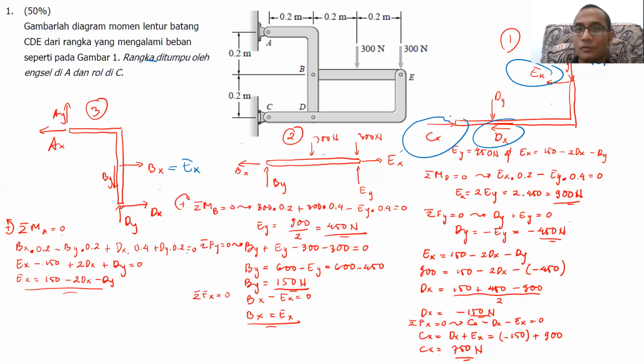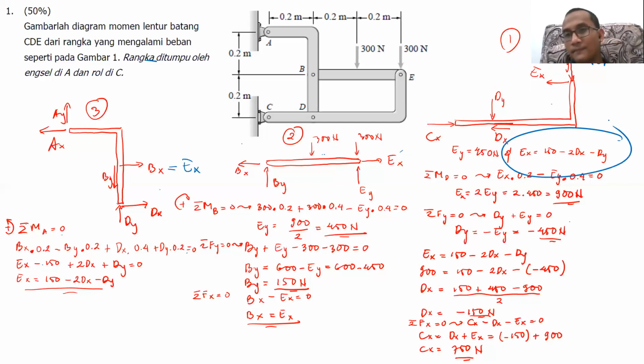So we will not be able to solve that. What I will do is use the previous equation that I have, ex equal to 150 minus 2 dx minus dy. Why use that? Because I already know the value of dy and ex. By using this equation, I will be able to find the value of dx.